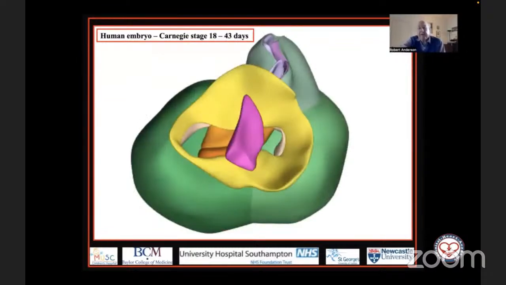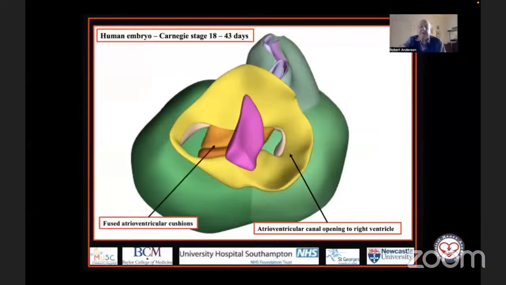So now when we turn the data set so that we can look down on the atrioventricular canal, here now at a later stage, another two stages have taken place. We're now at the beginning of the 7th week of development, 43 days since conception. We can now see very nicely how the atrioventricular canal is opening into the right ventricle.